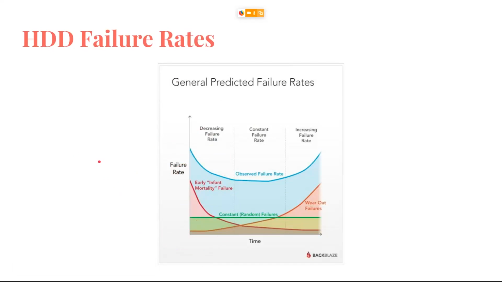There was a defect out of the factory, and it's not going to work. Then over time, as long as it spins up that first time, hard drives tend to work well, provided there's no human error, no dropping it, no mishandling, for, say, 3, 4, 5 years. And then over time, they start to have an increased failure rate as those parts get older and just wear and tear tends to break them down.